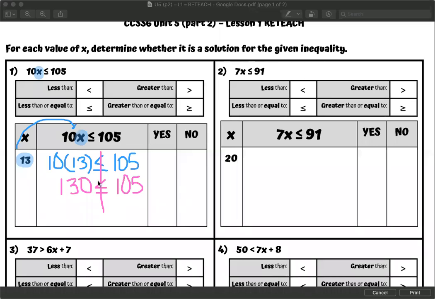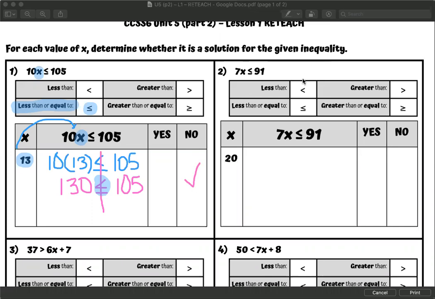Looking at this inequality symbol right here, I found the equivalent one here, which is less than or equal to. So we are just trying to determine, is 130 less than or equal to 105? It's not less than 105. It's not equal to. So no, it is not a solution.